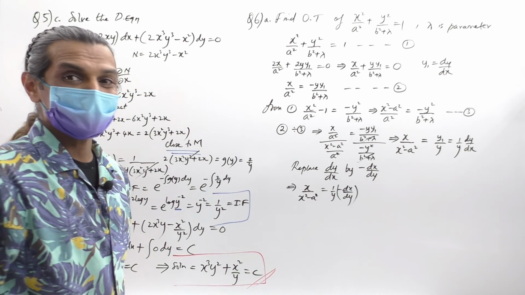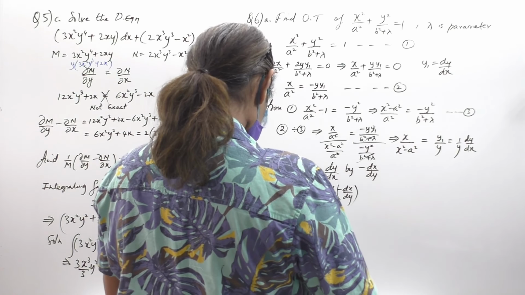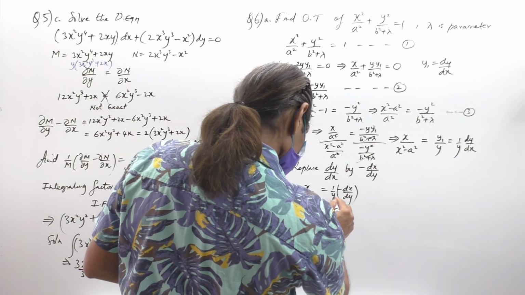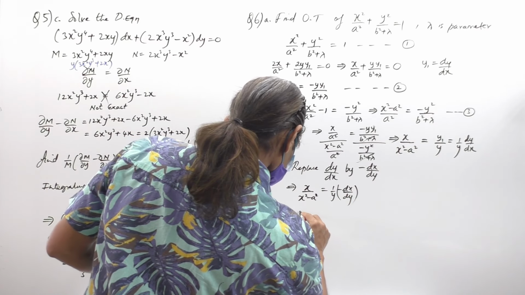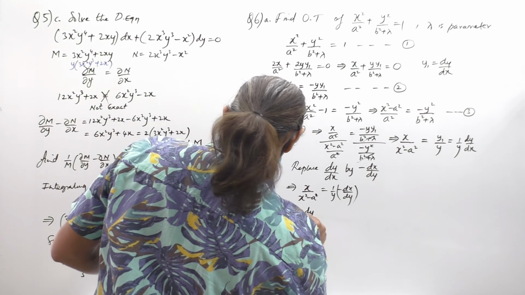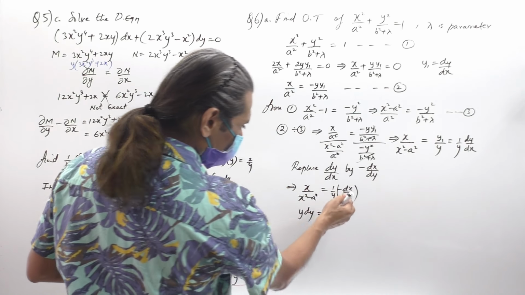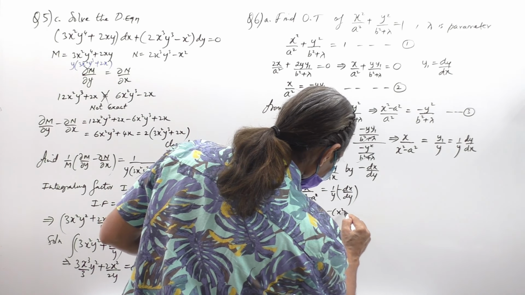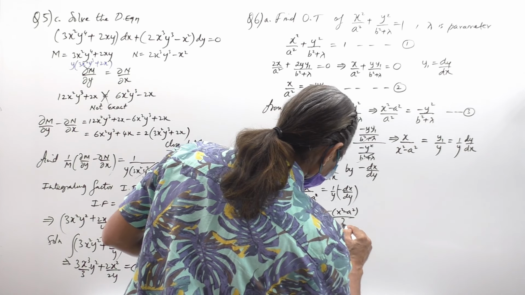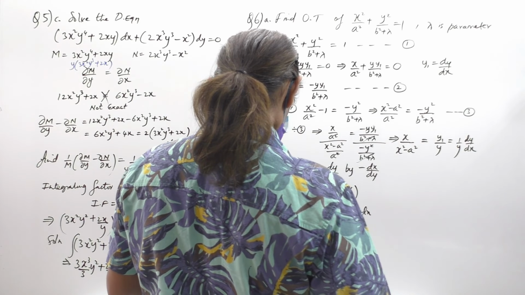We need to separate the variables, x on one side and y on the other. So this leads to y dy equals minus x square minus a square by x into dx. This is what I get now.